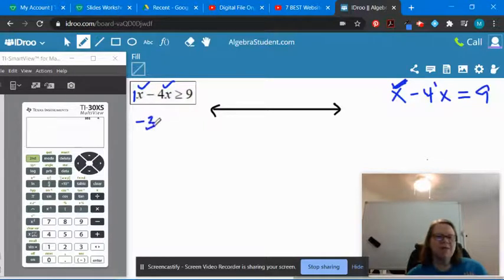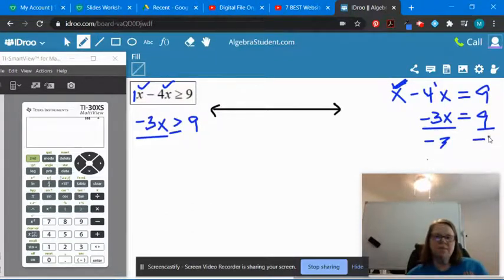So that would be negative 3x greater than or equal to 9. And then over here, I would have the same thing, except it would say equals instead of greater than or equal to. And then divide both sides by negative 3, just like you would do in an equation.